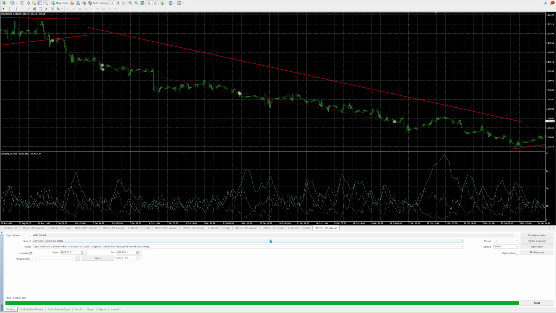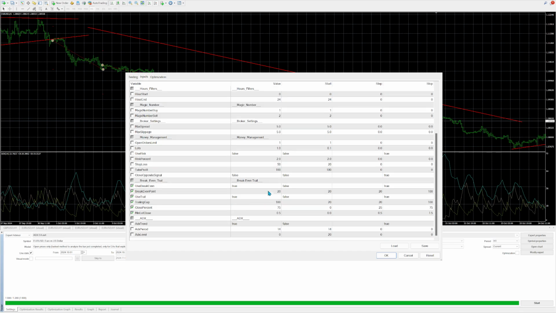If you double click it, what that does is it loads those settings into the inputs, which you can actually save if you want to use them later. If you want to create your own set files for different currencies, different time frames, you can just save it and then load it either in the strategy test or when you attach the EA to your charts in MT4.